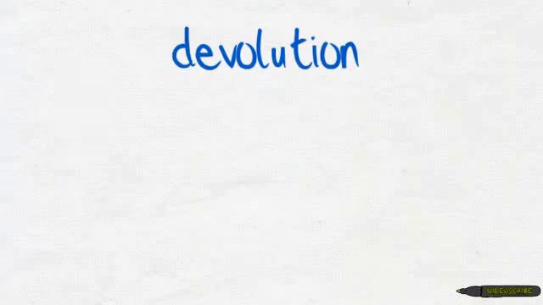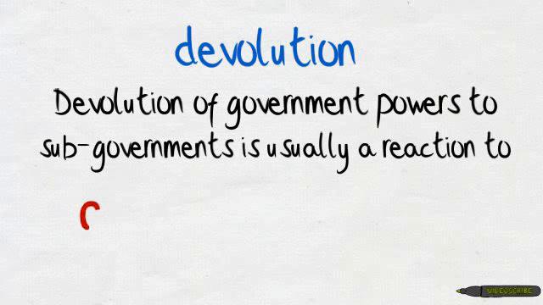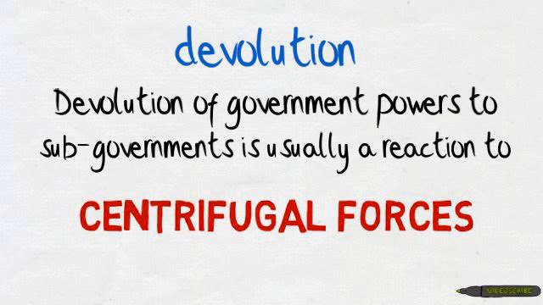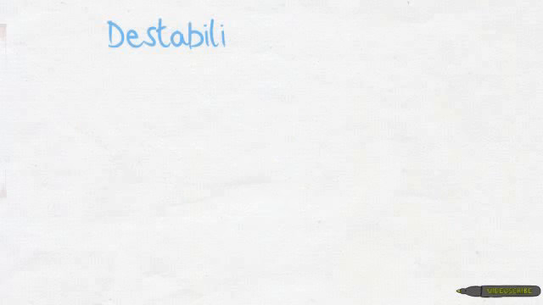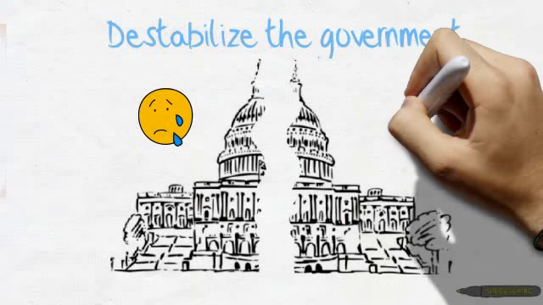Devolution of government powers to sub-governments is usually a reaction to centrifugal forces, those that divide and destabilize. These could include religious, linguistic, or ethnic diversity. Centrifugal forces destabilize the government and encourage the country to fall apart.